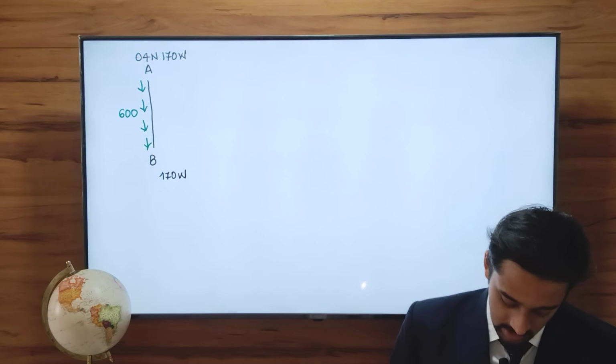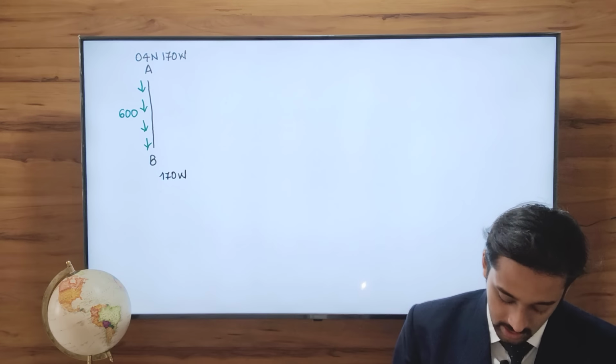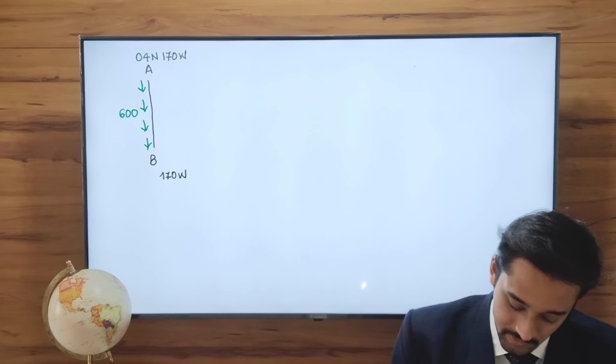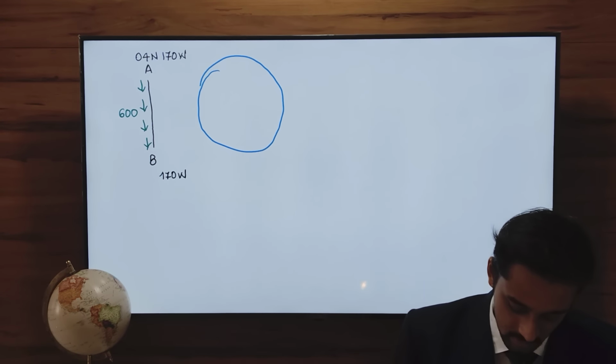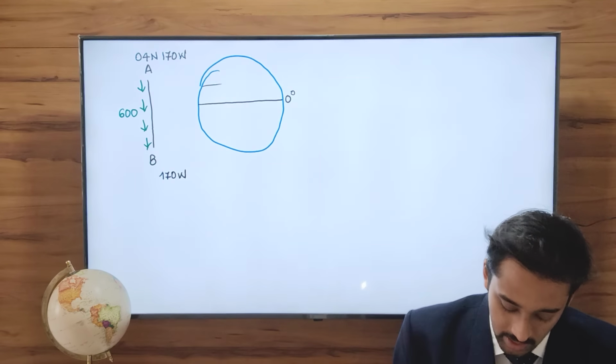So let's keep ready an earth for our reference. For latitudes, you will draw the side face of the earth. This is your 0°. Currently, you are at 4° north.